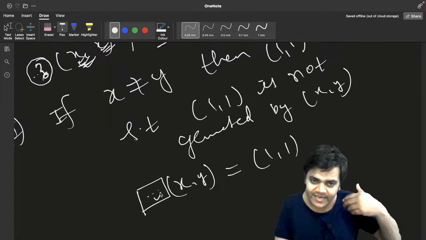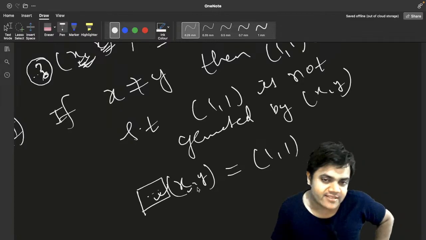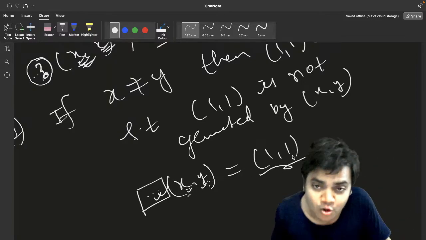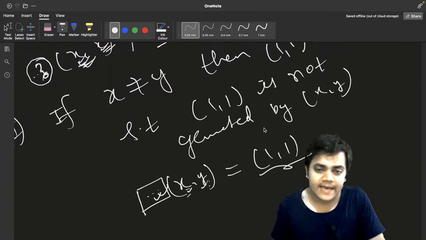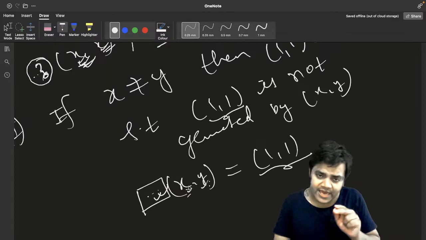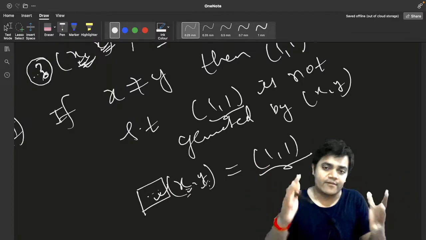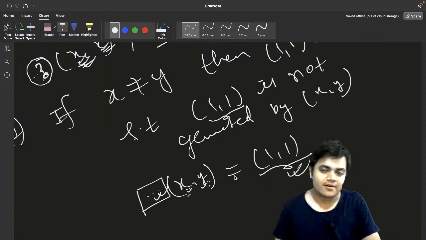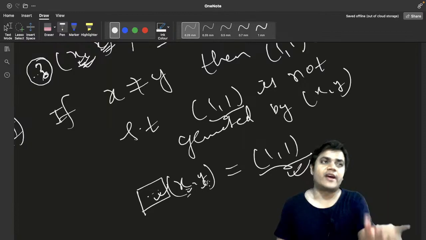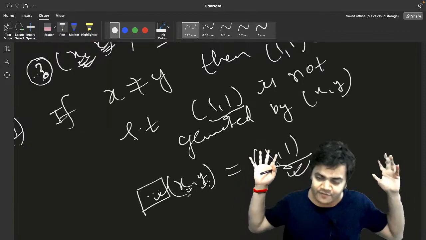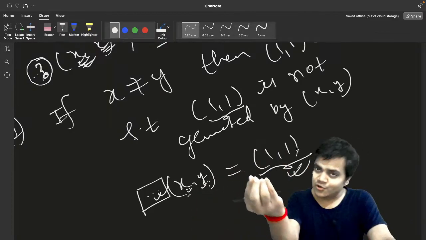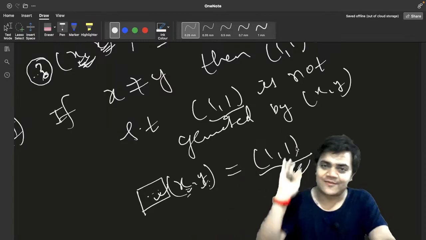But if you put any integer over here, and x and y are different, you will not be able to make this (1, 1). That's why for these kinds of elements, (x, y) is not able to generate them. So if we take x and y different, then an infinite number of elements like (1, 1), (x, x) are not going to be generated by that.